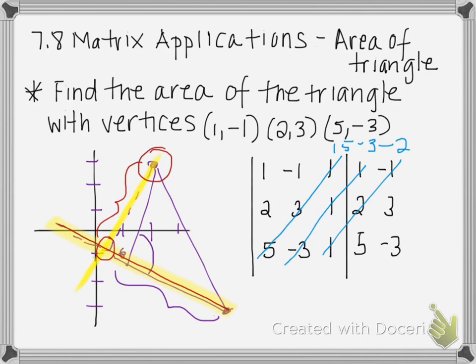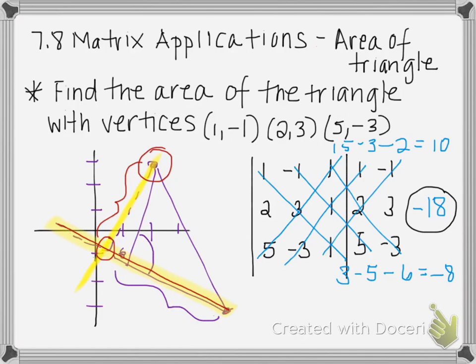I'll continue that process and find the determinant. There's the determinant, and I'm not so interested in doing this determinant by hand necessarily at this point. We could use a graphing utility to find that determinant, but we've got the determinant as -18.